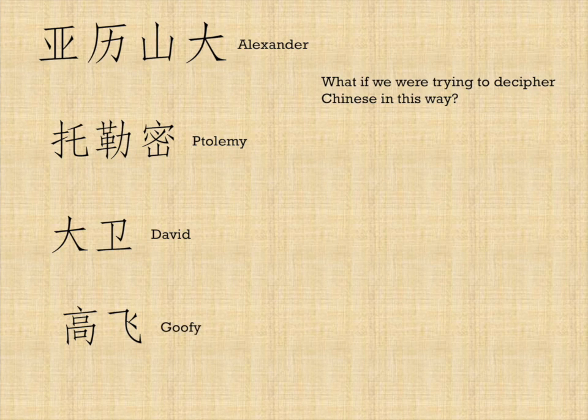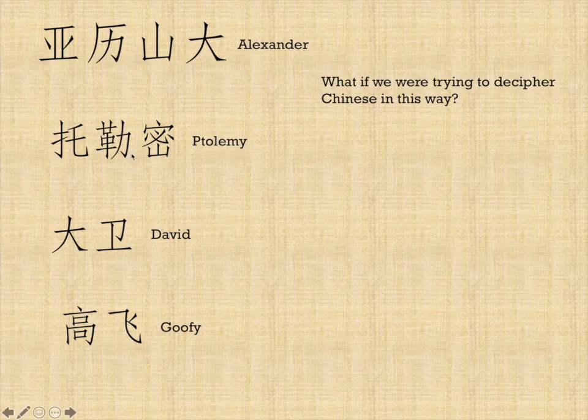Now, if we look very carefully at the names Alexander, Ptolemy, David, and Goofy, and we look at the Chinese characters, we can notice some similarities. For example, Alexander: 4 syllables, 4 characters.